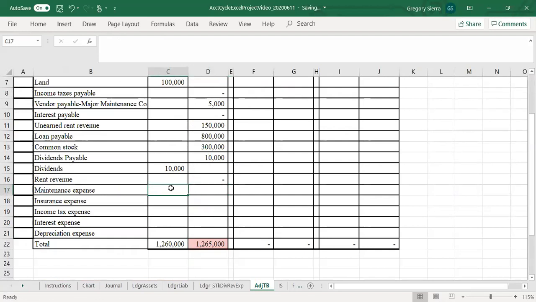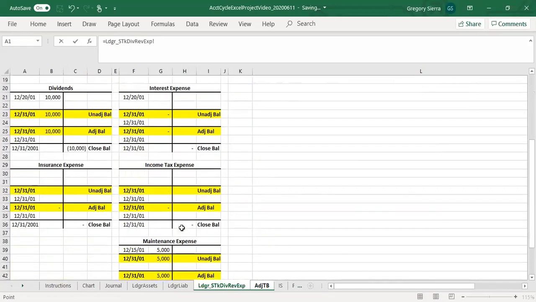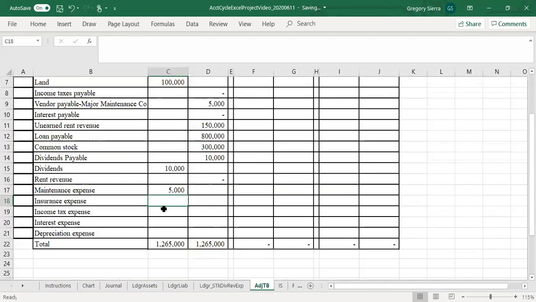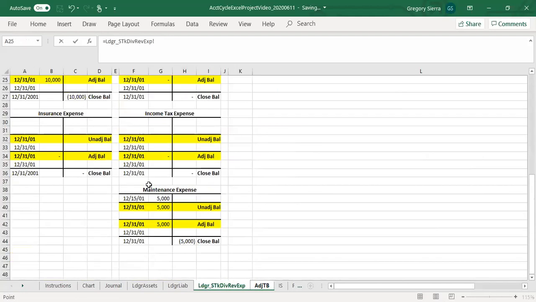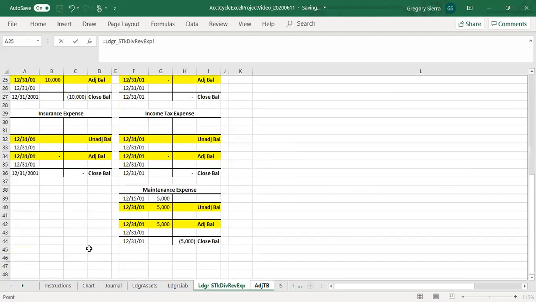Now the expenses are debit balances. The maintenance expense, unadjusted. So you're getting the idea. Insurance expense, unadjusted. Unadjusted balance, right there. Income tax expense, unadjusted.